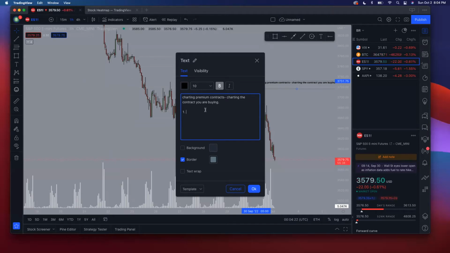Volume is more pertinent to day traders and scalpers, especially scalpers. I don't scalp, but that's important to know. Open interest is very important to swing traders, mostly swing traders.